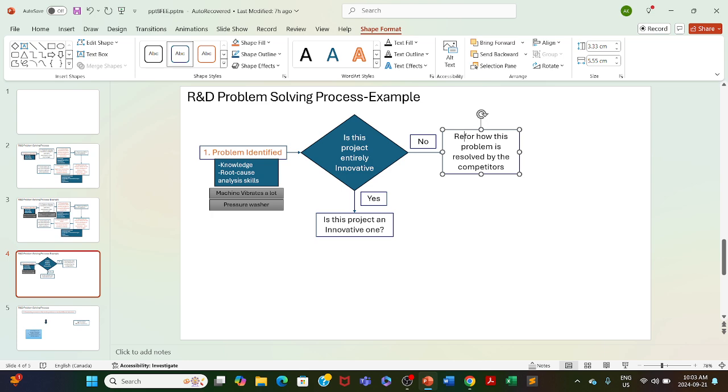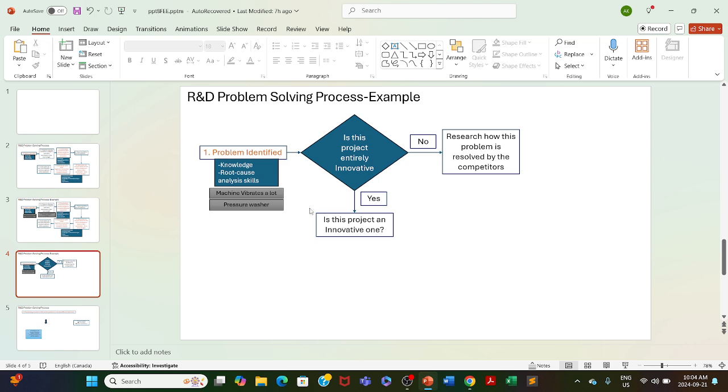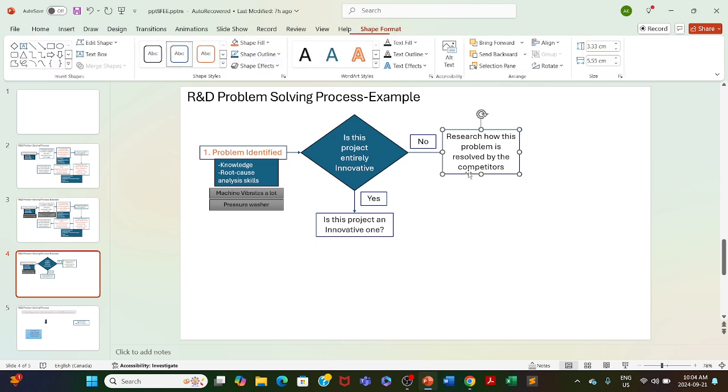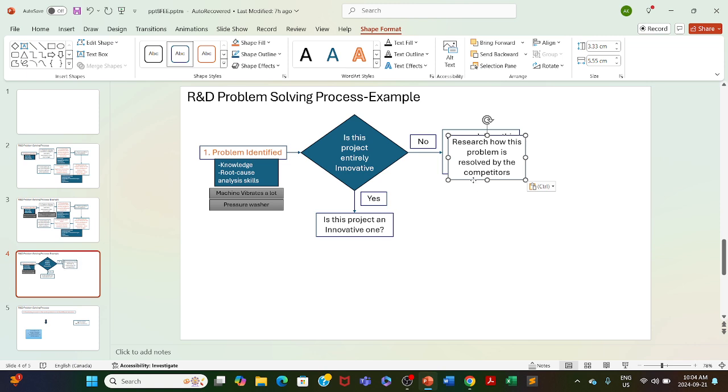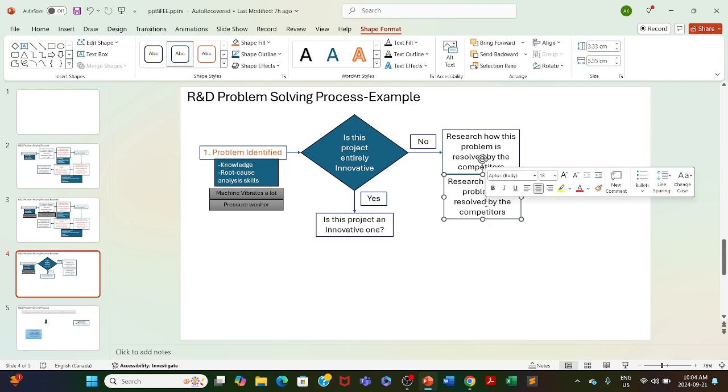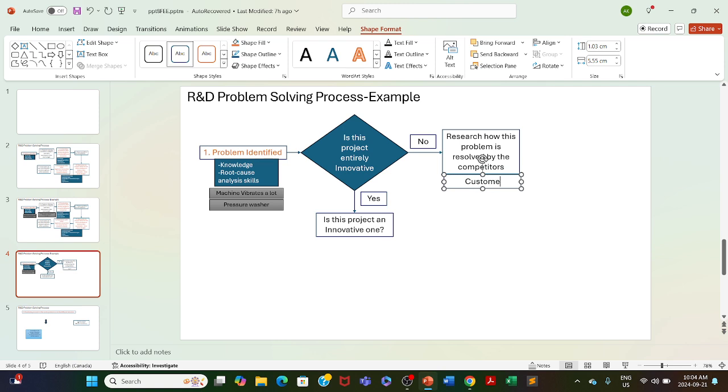Research. So this problem, when it's not innovative, that means, and also some insights would be this is probably driven by customer satisfaction.